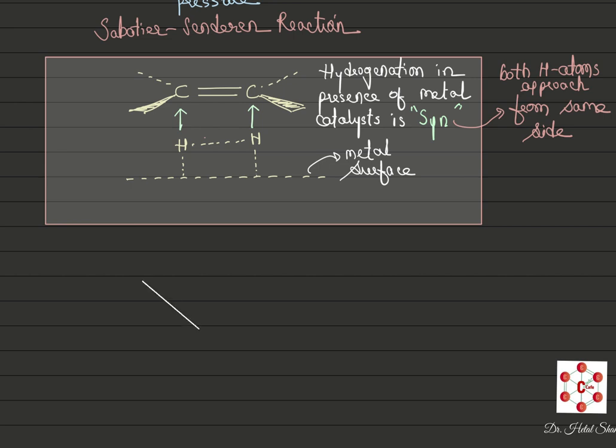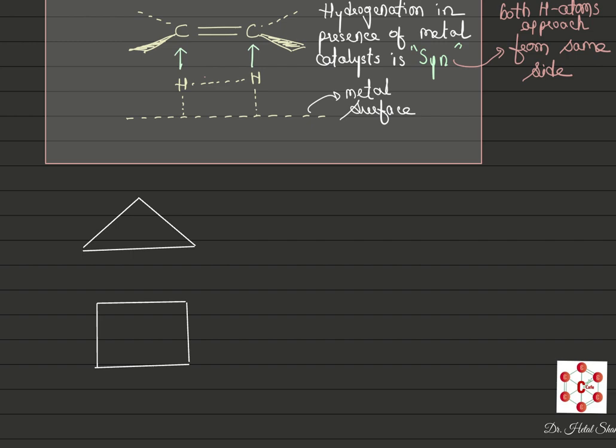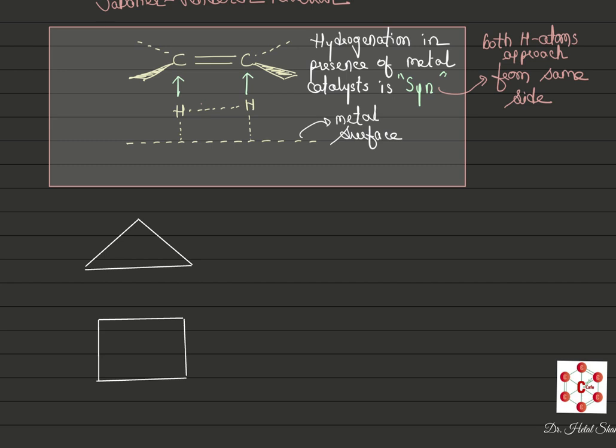If you take up cyclopropane or cyclobutane, these are highly strained molecules. The reason being, what is the bond angle here? 60.